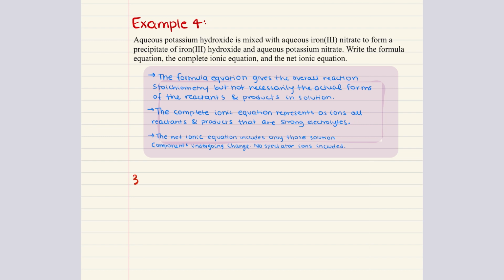What we have here is 3 potassium hydroxide reacts with iron 3 nitrate to give us 3 potassium nitrates and iron 3 hydroxide, and this is a solid.